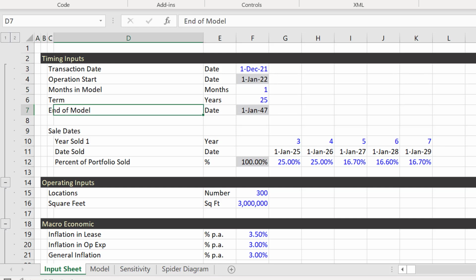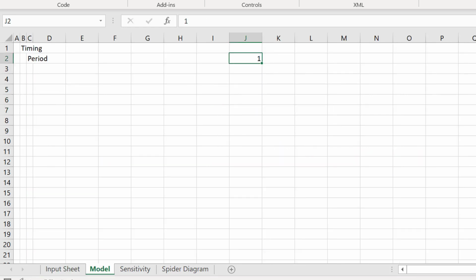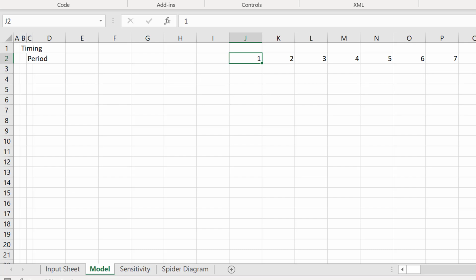What's 25 times 10? It's 250. What's this times 12? We could have 300 periods. Now, that's going to be totally ridiculous because we're going to sell it by period 7, but let's leave it. And let's put the date.